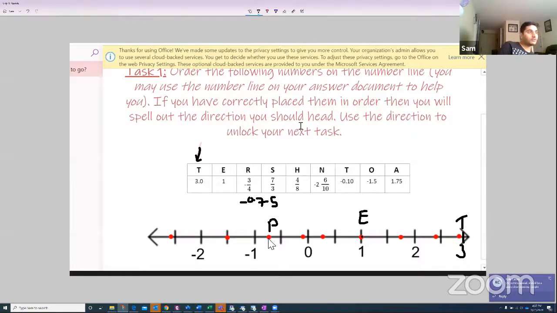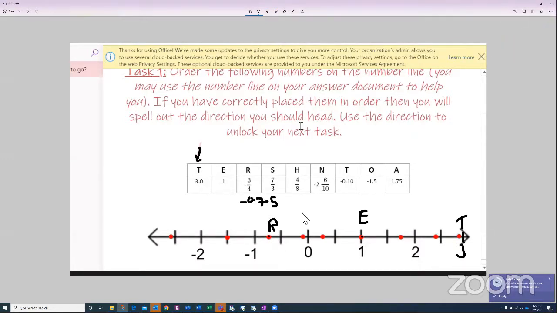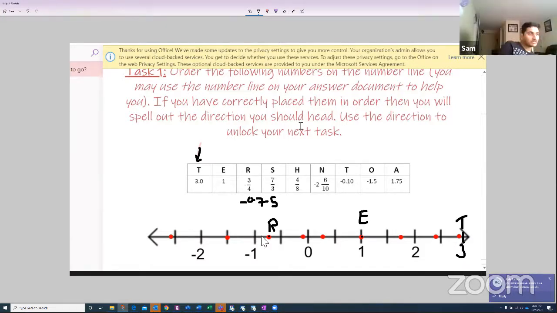So this is R. My teacher said the points aren't right. So this is for like a negative 0.75. Maybe this is not right, but it should be in between this point right here. So it looks like this point is just between -1 and -0.5.